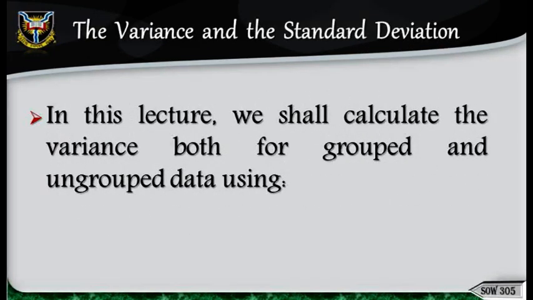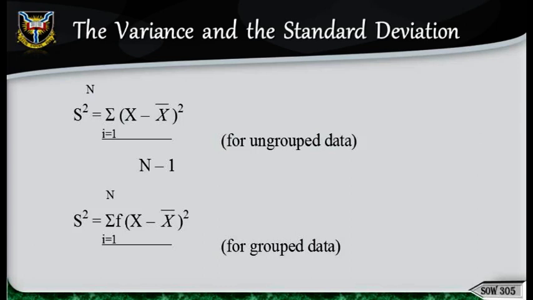In this lecture, we shall calculate the variance for both grouped and ungrouped data using s squared equal to the sum of (x minus x bar) squared all over n minus 1 for ungrouped data, and the sum of f times (x minus x bar) squared all over n minus 1 for grouped data.